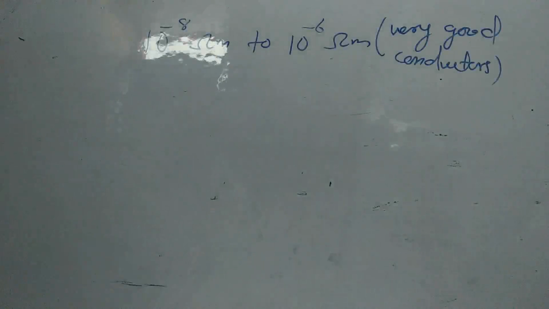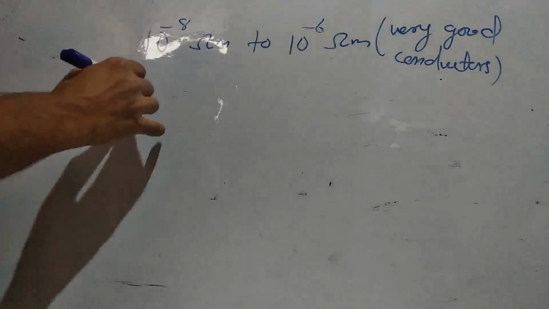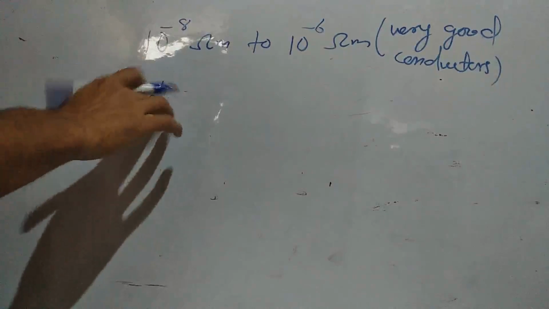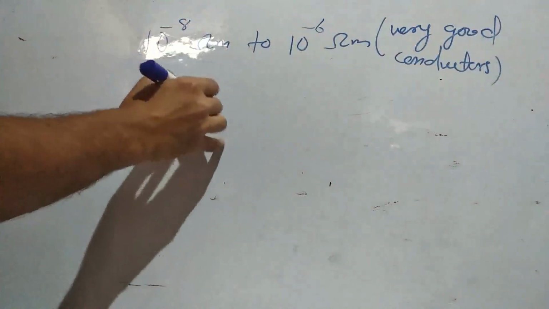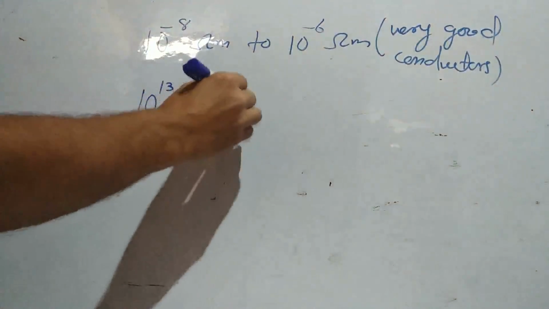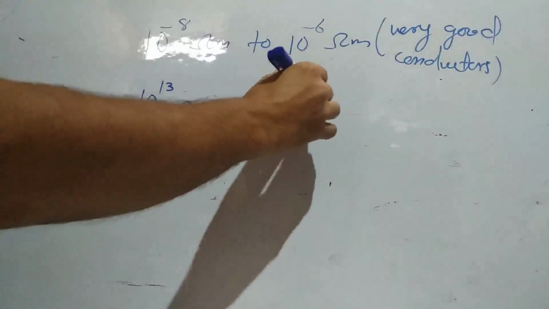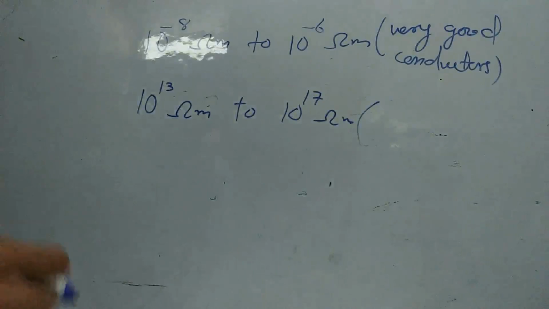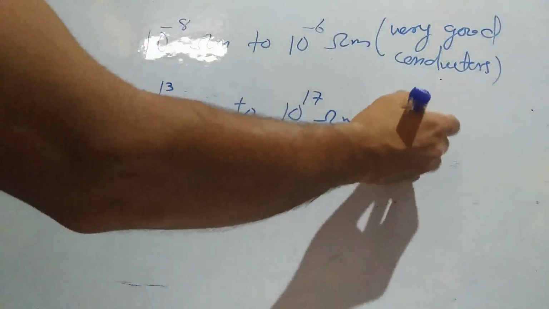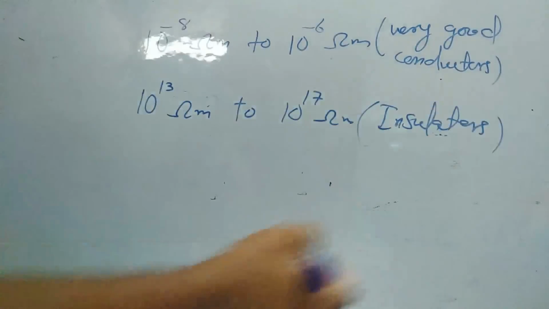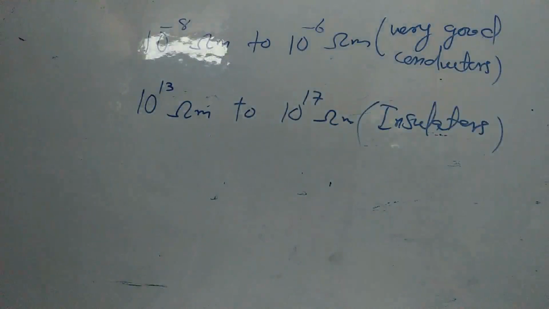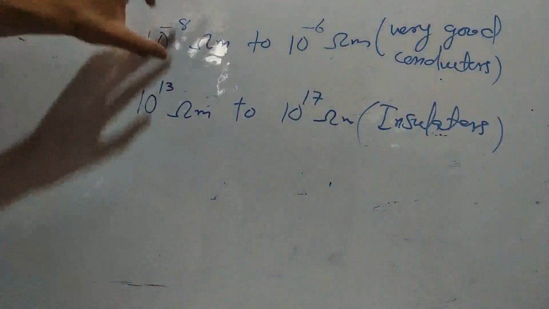Rubber and glass are very good insulators, and they have a resistivity in the order of 10¹³ to 10¹⁷ ohm meter. So they are called insulators, and they are very good insulators, because they offer huge resistance as compared to these conductors.